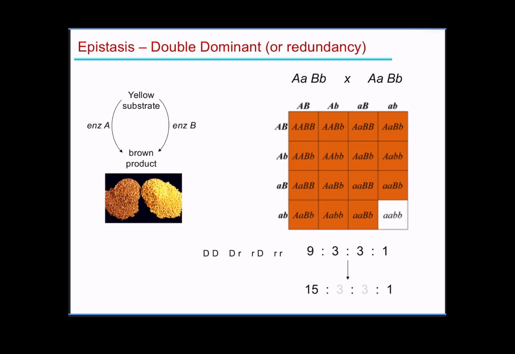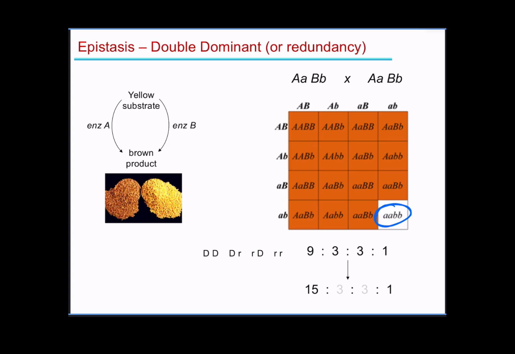The only time you're not going to see brown pigment is when both fail, and the only cell in the square in which both fail is the double recessive. Everywhere else in the square, you'll have either one or both of the enzymes working, and all the yellow substrate will turn into brown product, and those rice grains will be brown.